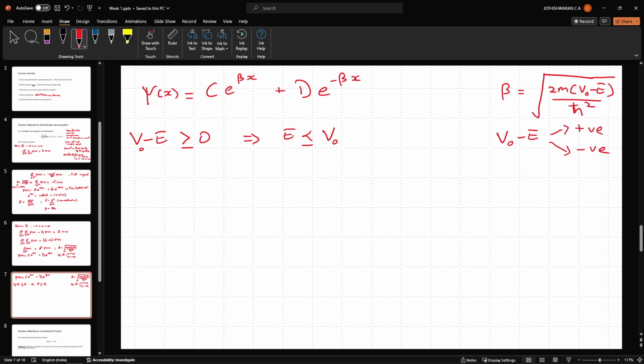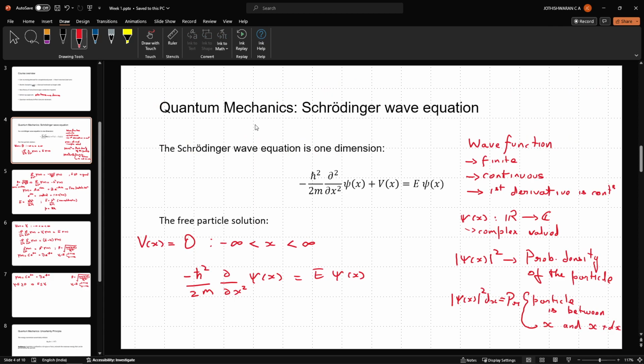So it is having an energy that is below the potential level. So in this case, what will happen is our solution remains the same. However, what we should remember is that the wave function, I'll go back here to look at the properties of the wave function, it has to be finite.